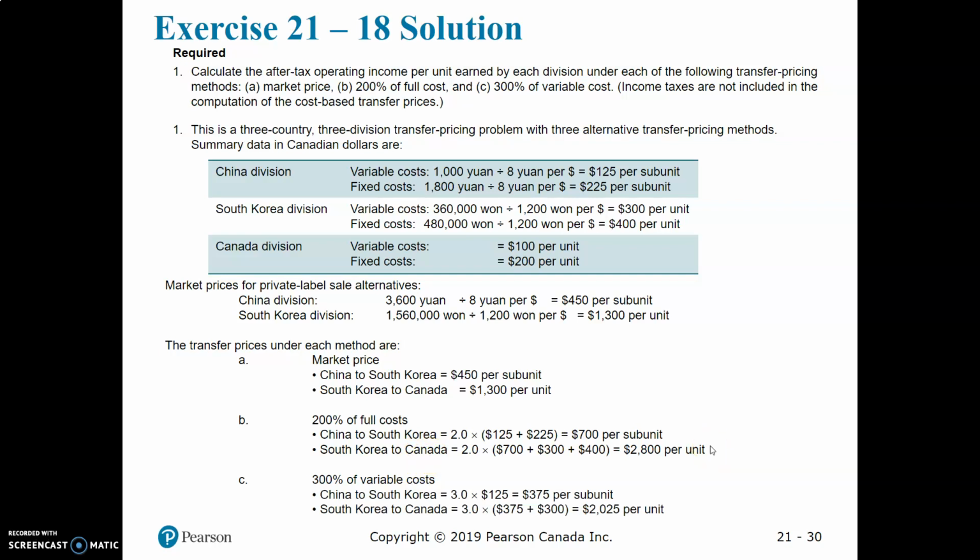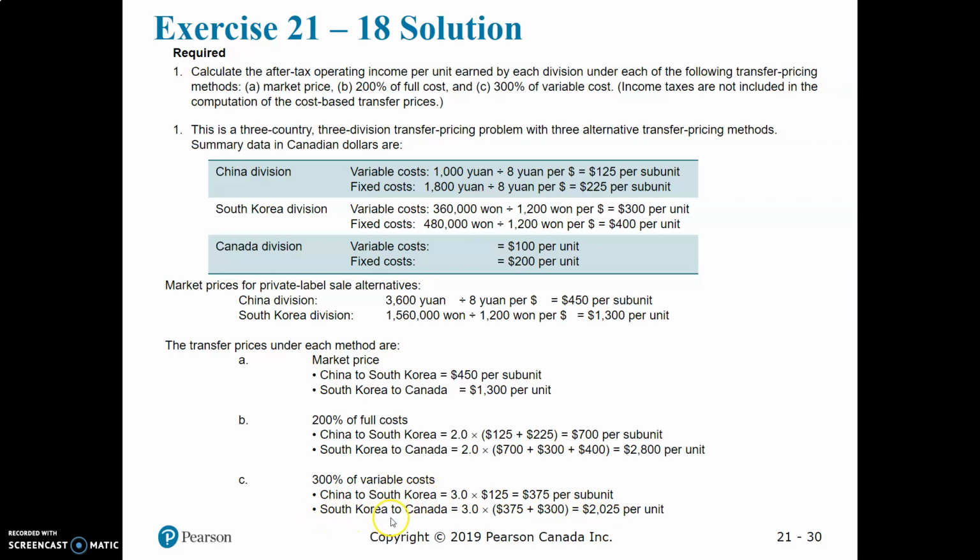Moving on to the last transfer pricing method, it comprises a 300% markup of variable costs. When the China division sells to South Korea, we are going to mark up the cost by 300%, hence 3 times. This time we are only going to use the variable cost of 125. So 3 times 125 gives us $375 per subunit.